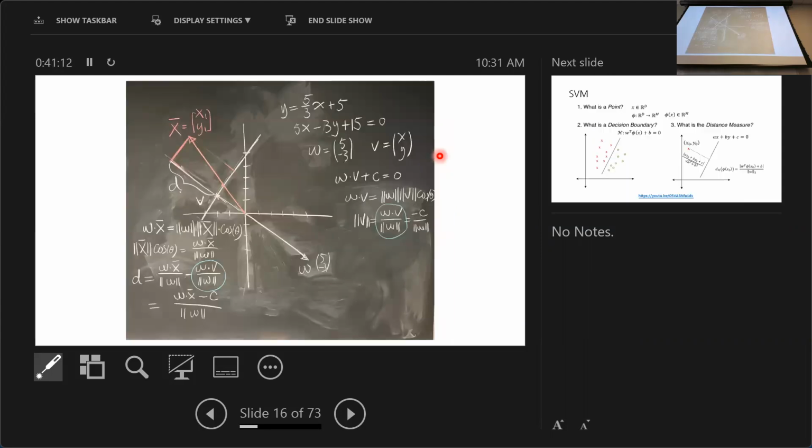So moving further, this can be written as the length of W times the length of V times cosine theta between these two.